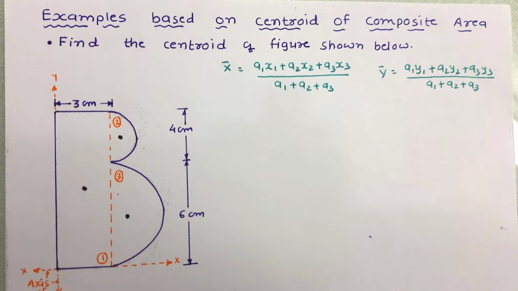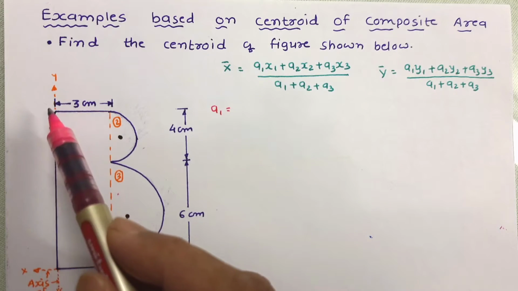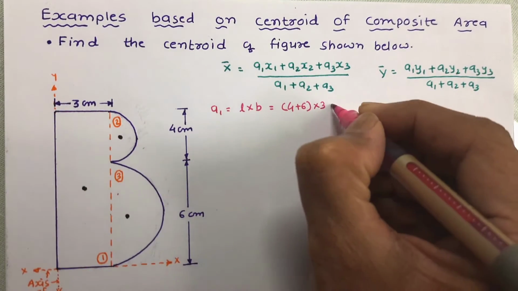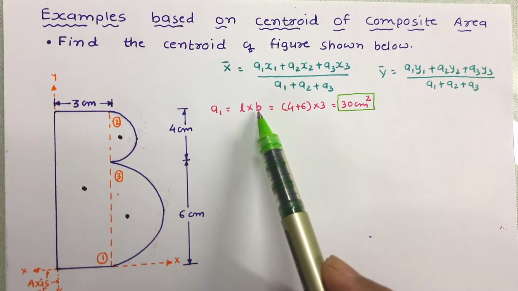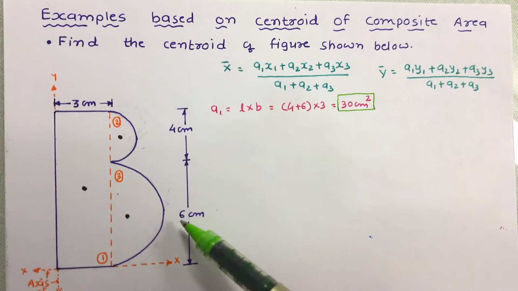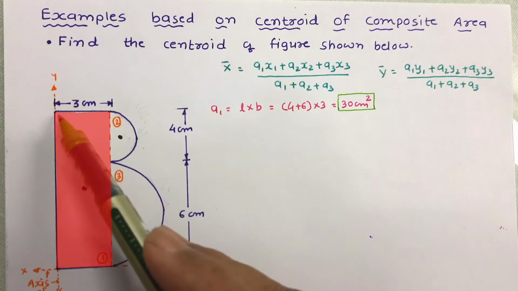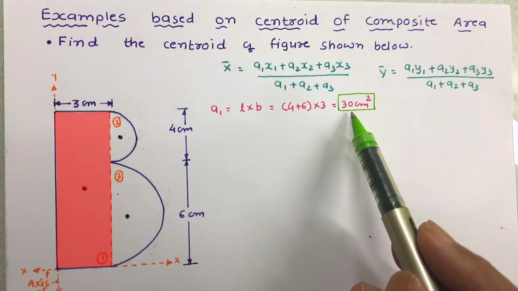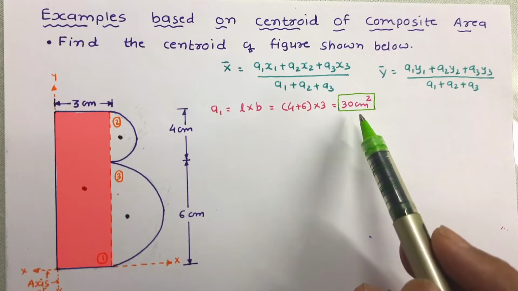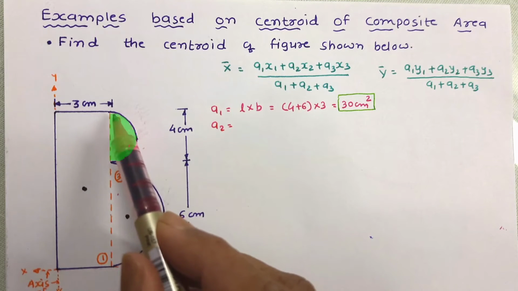We'll start with A1. A1 is the area of this rectangle. We know that area of a rectangle is length into breadth. Here the length of the rectangle is 6 plus 4, that is 10, and the width of the rectangle is 3. So A1 has been worked out as 30 centimeter square. Now let us work out A2. A2 is the area of the semicircle.